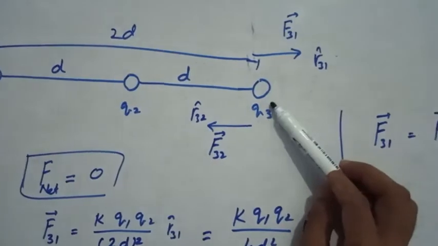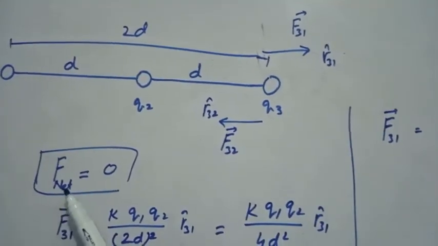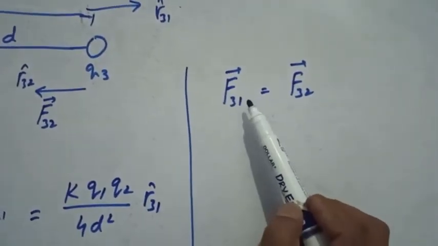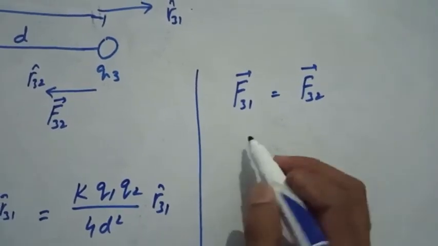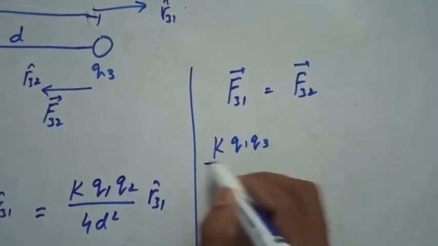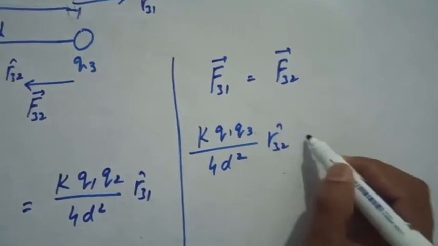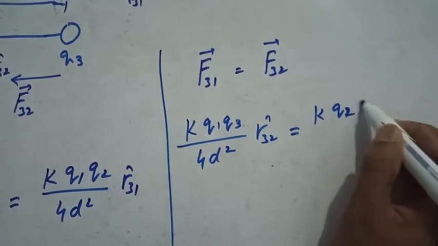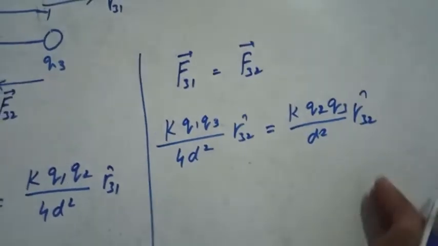Because the net force on charge q3 is 0, the magnitudes of these two forces are equal and the forces are opposite in direction. So I can write the value of this force as k q1 q3 over 4d square, r31 hat, is equal to k q2 q3 over d square, r32 hat.